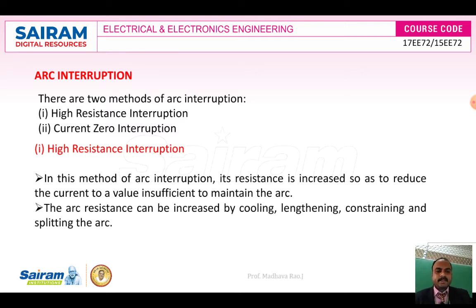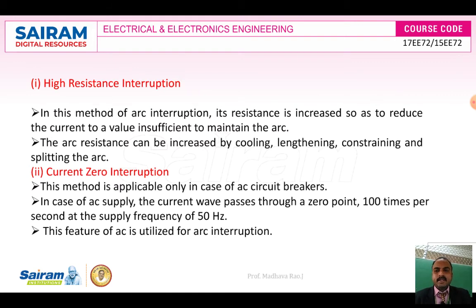We will move to the second type, current zero interruption. Current zero interruption is applicable only to AC circuit breakers. We cannot use it for DC circuit breakers, but the high resistance method we can use for DC also.